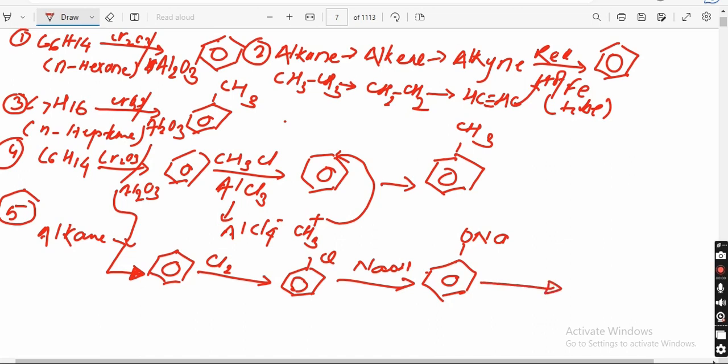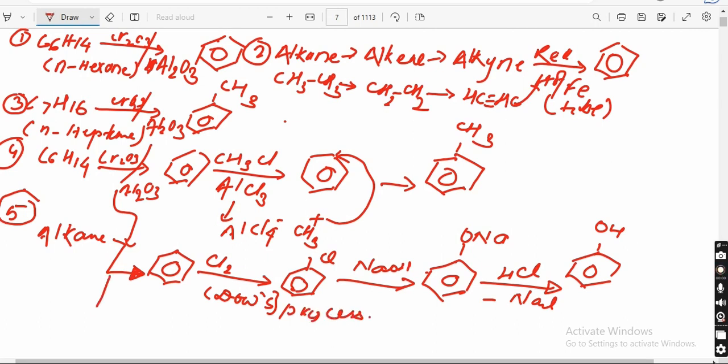Now I have to react further with HCl to produce phenol. This is your phenol minus NaCl. So look here. This process is called Dow's process, by which you can convert this benzene to phenol.